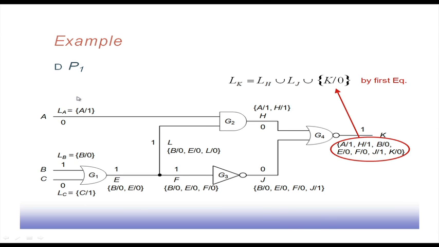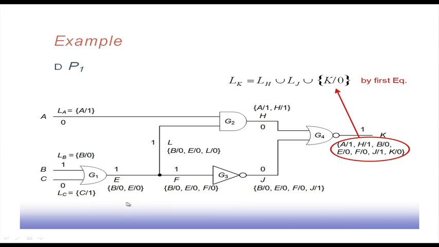So, in this case, say P1. P1 is this, so LA. With A, since it is a primary input, the set of faults that can be detected here is A stuck at 1. Since P1 has 0 1 0 as the pattern, if I can observe at this point the circuit, then the A stuck at 1 fault can be seen.